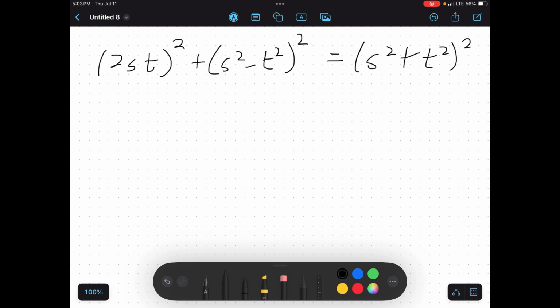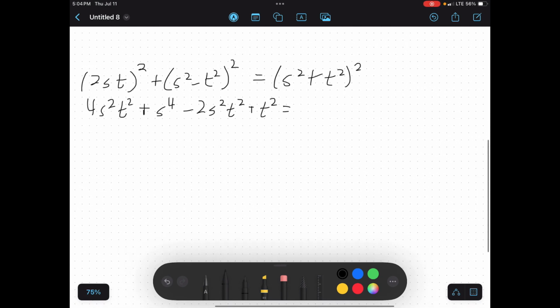If I square my very first term, I wind up with 4s squared t squared. For the next part, I have a binomial that's being squared, so what we wind up with is s to the 4th minus 2s squared t squared plus t to the 4th.